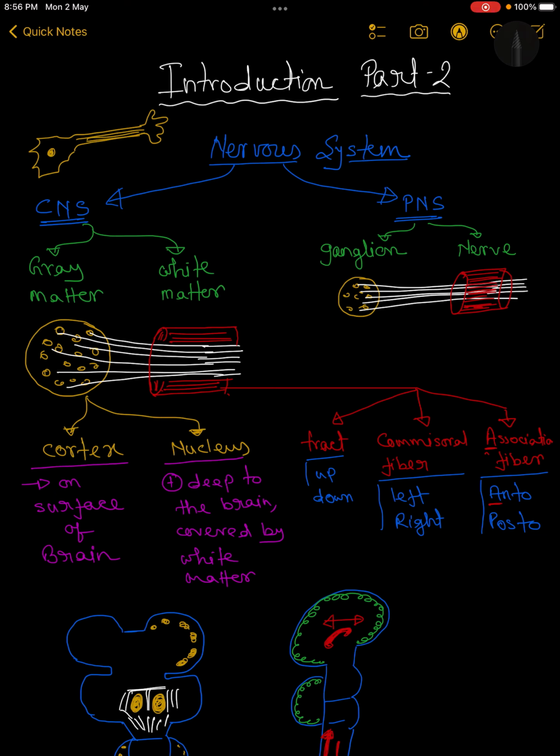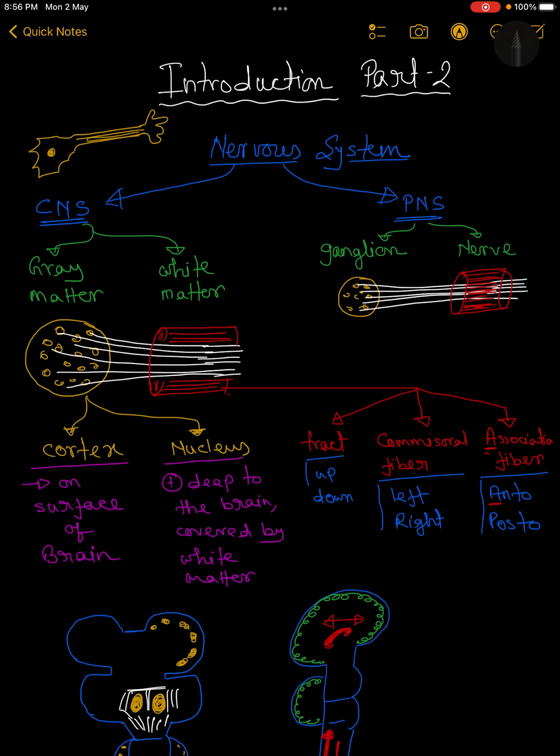I drew this like a flow chart, so you will get a better visualization. Again, our nervous system has two components. One is our central nervous system.